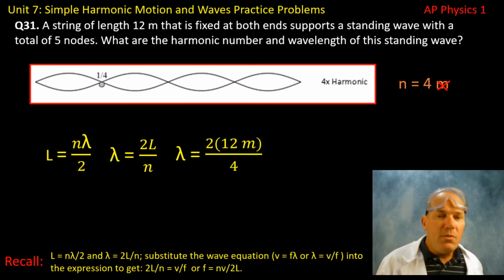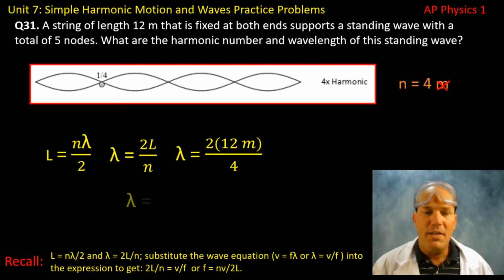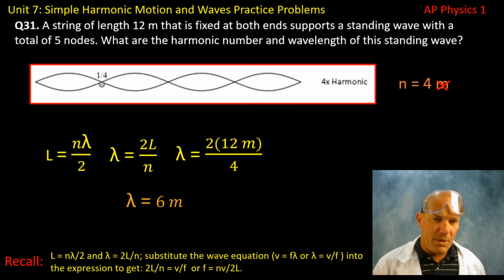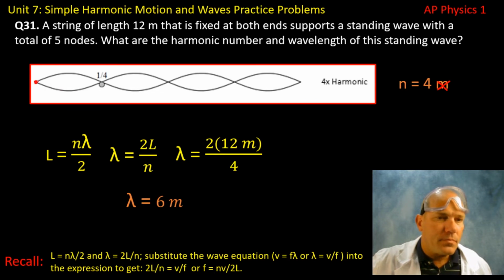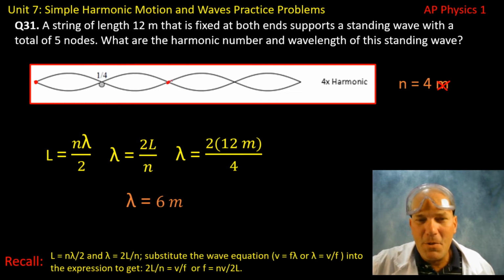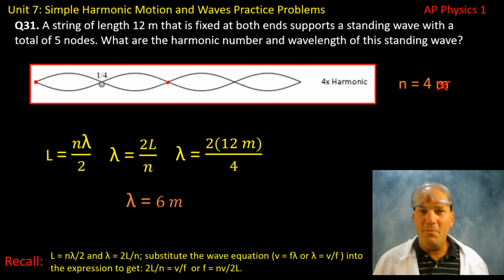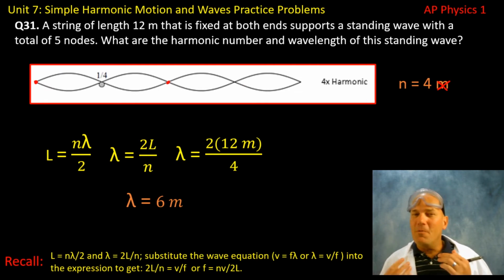We know the length to be 12 meters, we know we're multiplying by 2, and we also know that this is the 4th harmonic. Lambda equals 6 meters. So this distance from here to here is equal to 6 meters, and if we go an additional wavelength, we get 12 meters. So again, that shows us our relationship.